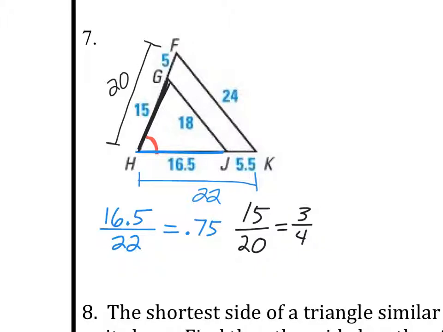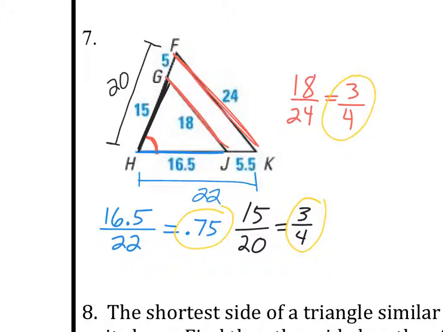And if you want to check all 3, you can also check 18 and 24. Which simplifies to 3/4. So you have 2 options here. You could say that since 0.75 is the same thing as 3/4, you could say this is by side, side, side. You could also say, since you have the included angle, it's by side angle side.